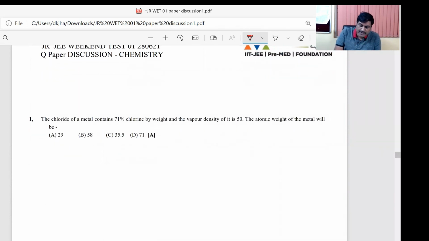The chloride of a metal contains 71% chlorine by weight, and the vapor density is also given as 50. You have to find the atomic weight of that metal.